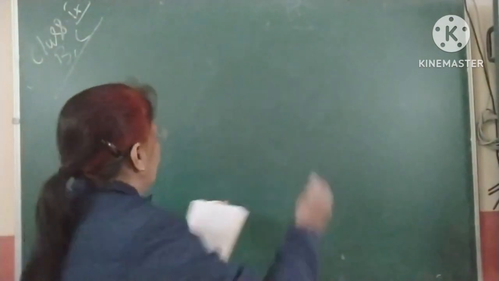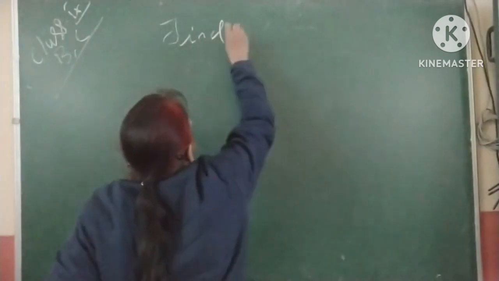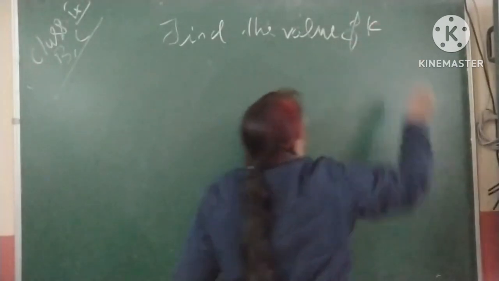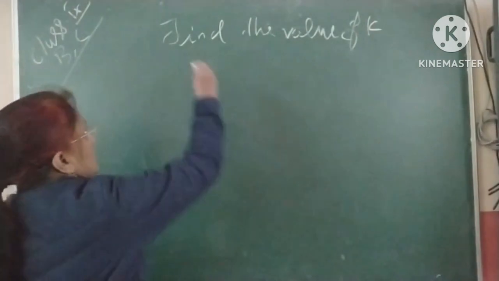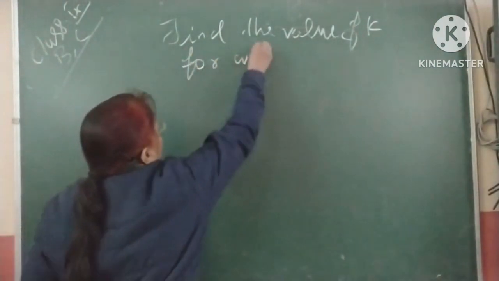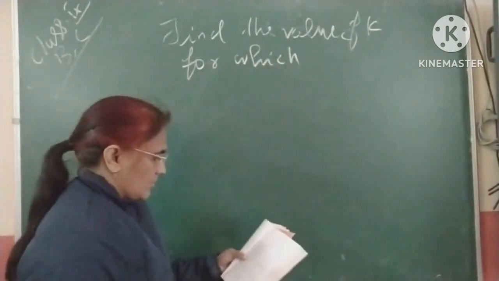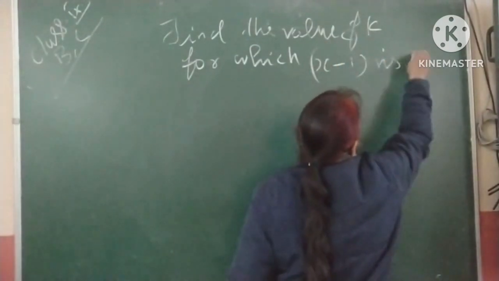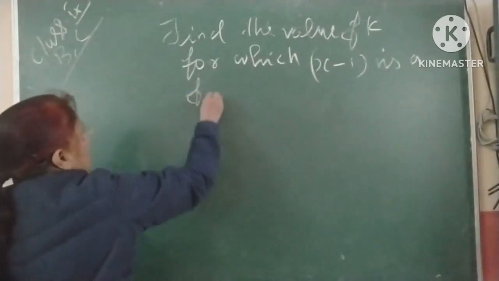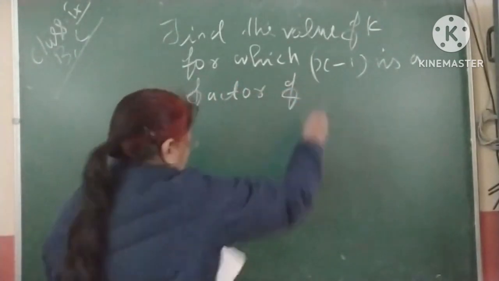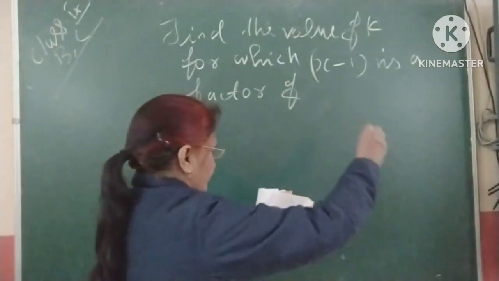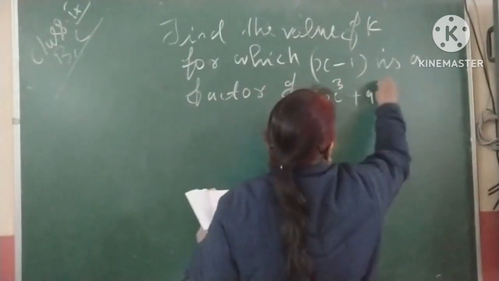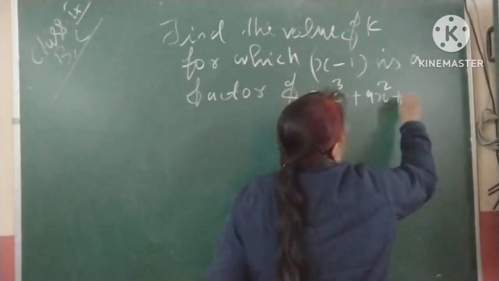First question. Find the value of k for which x minus 1 is a factor of 2x cube plus 9x square plus x plus k.